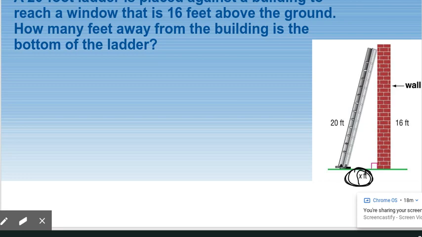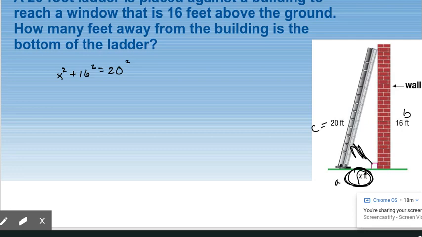Well, there's my right angle. So there's my C. This is going to be my A. This is going to be my B. And I'm going to have x squared plus 16 squared equals 20 squared.